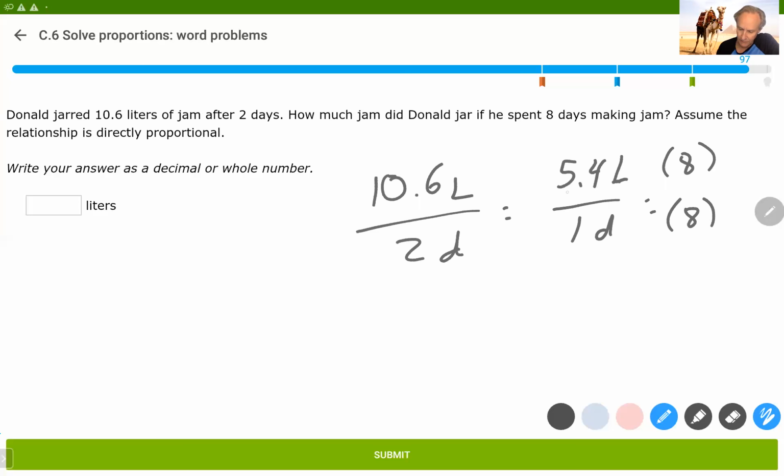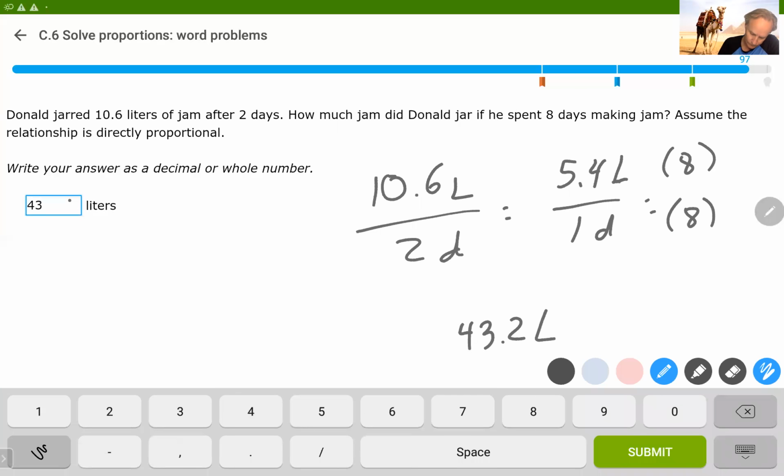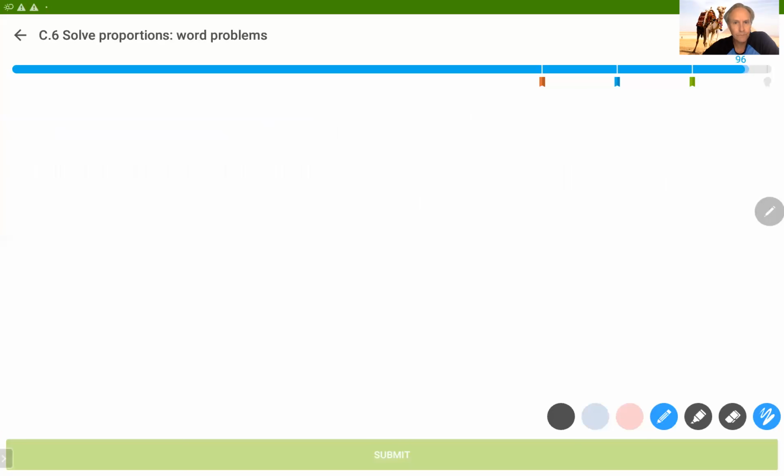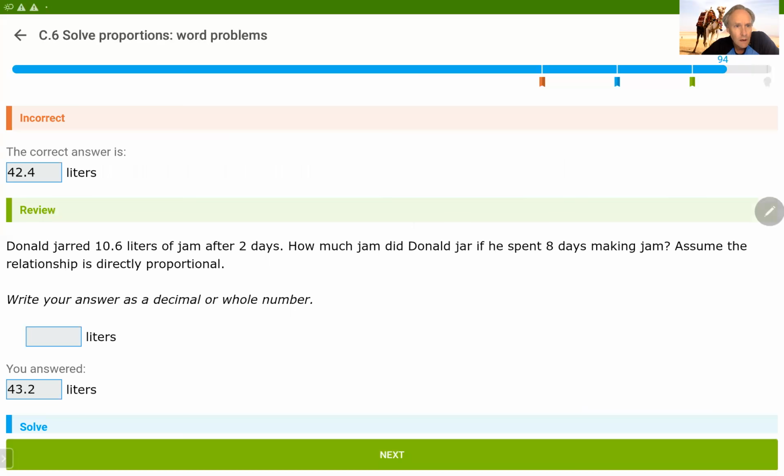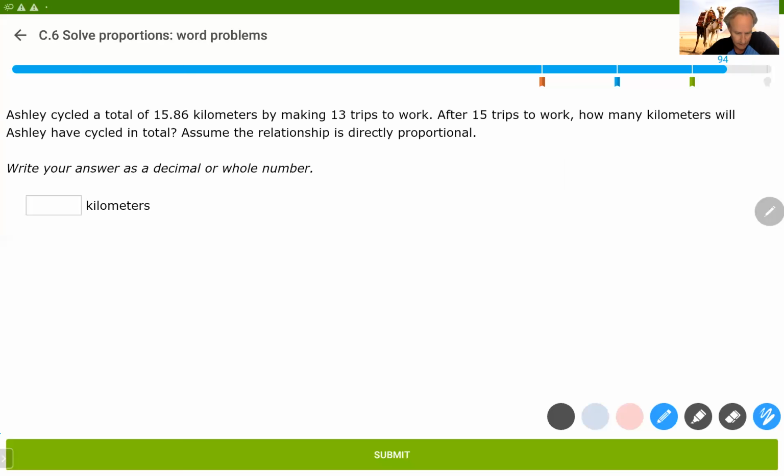So that's going to be 43.2. Oh no. 3 times 8 is 24, not 32. Okay, fine.